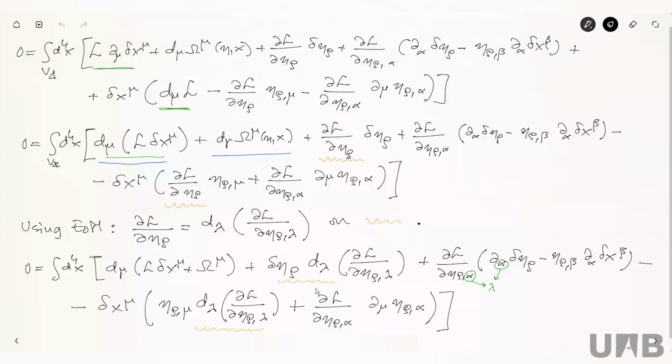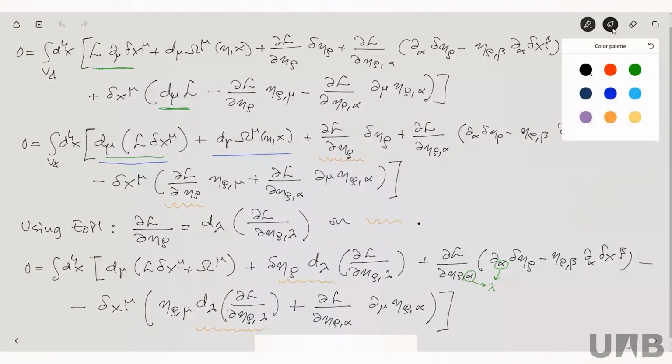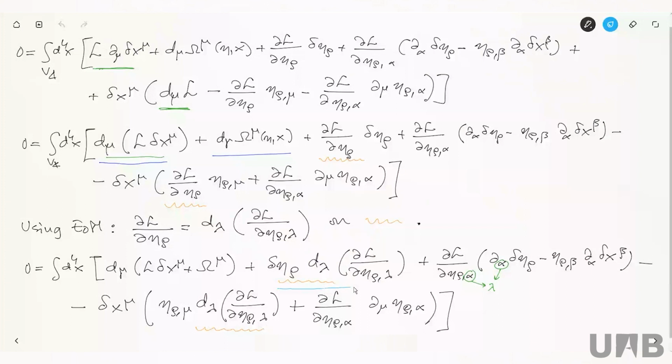Now, this and that, I'm going to be able to write together. We're going to write this and this together. Remember these two terms, and this is why I called this index lambda, so that I have the same index as here.